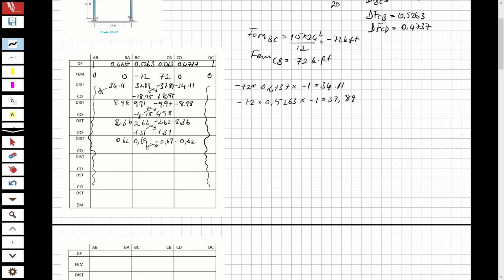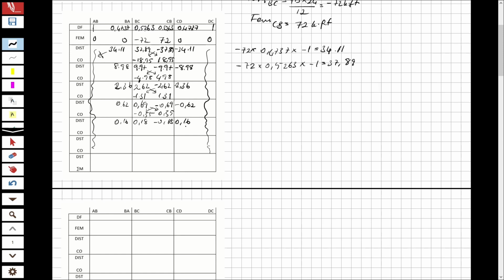When I make the carryover here, minus 0.35, 0.35, and when I distribute to this 0.35, that will be 0.16, 0.18, or minus 0.18, 0.16. Okay.